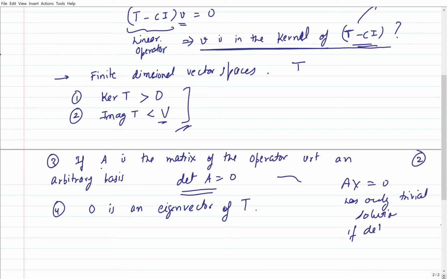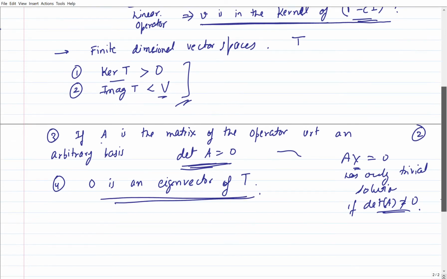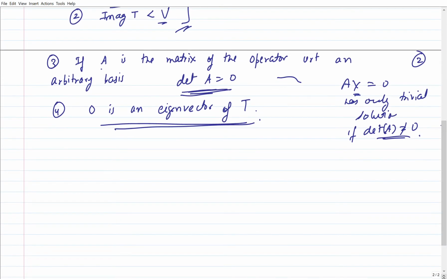So for x to be in the kernel, and the kernel being greater than 0, the determinant has to be 0. And certainly all the vectors in the kernel satisfy the condition that 0 is an eigenvalue of T. By definition, we consider any vector in the kernel to have the eigenvalue 0.